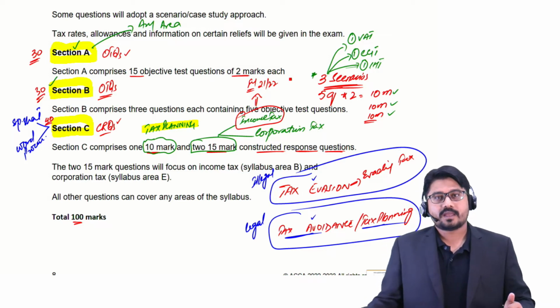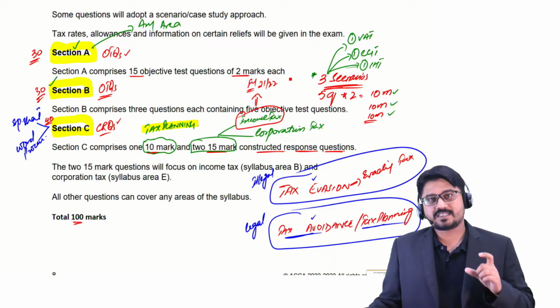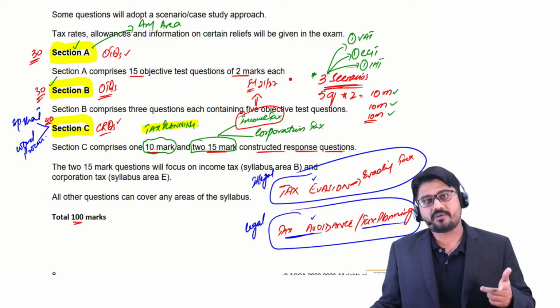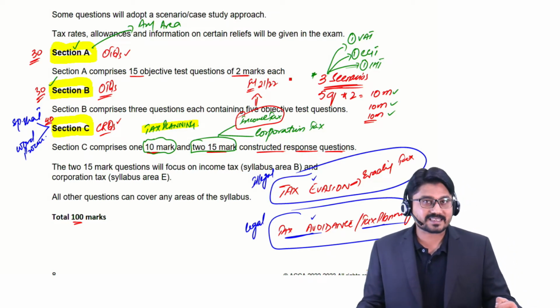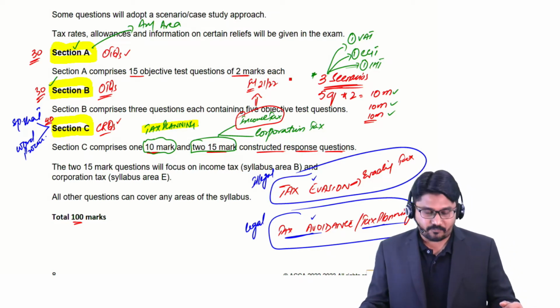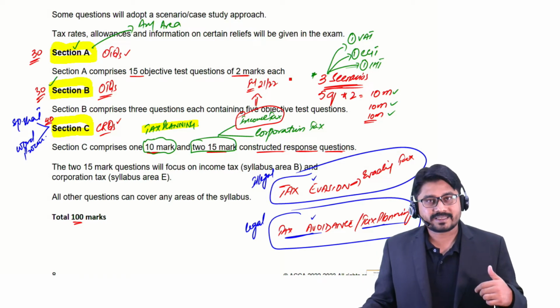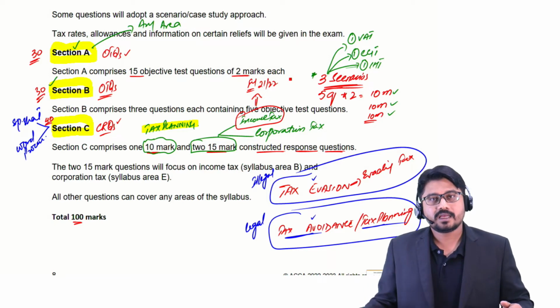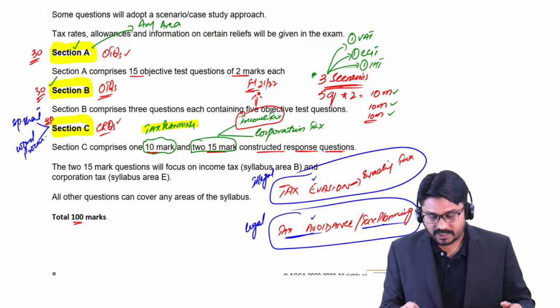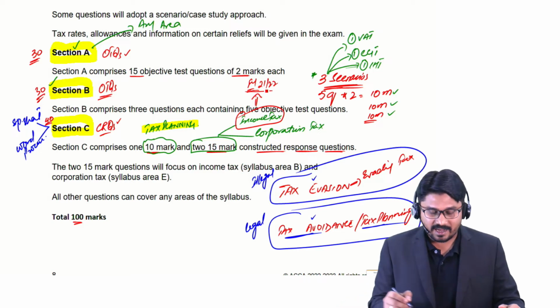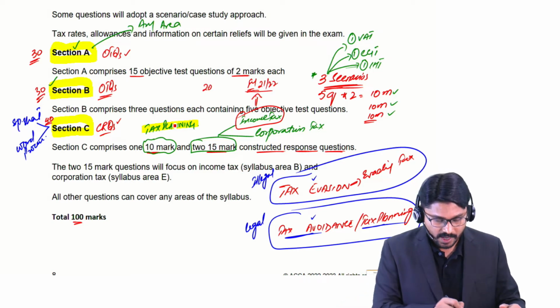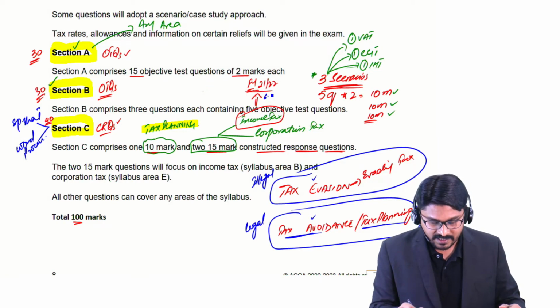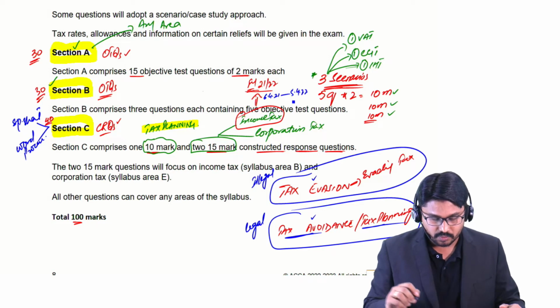I repeat, income taxes means finding the tax liability of an individual person, and we have to follow the fiscal year dates. Our relevant fiscal year is 21-22, which starts on 6th April 21 and ends on 5th April 22.